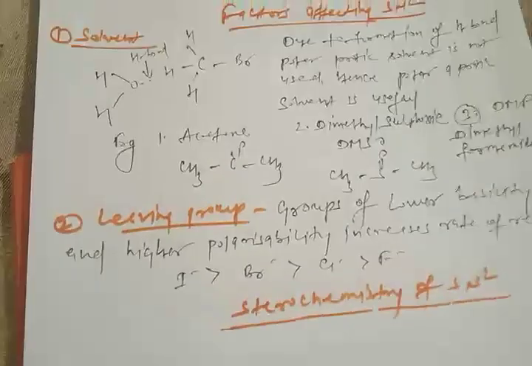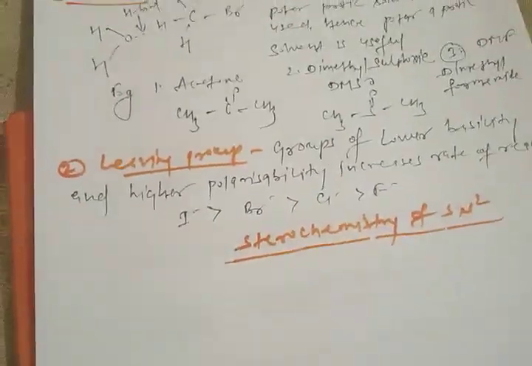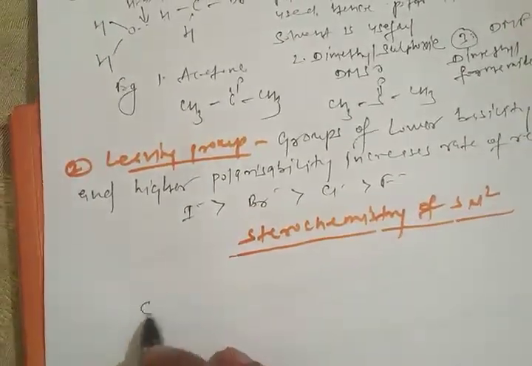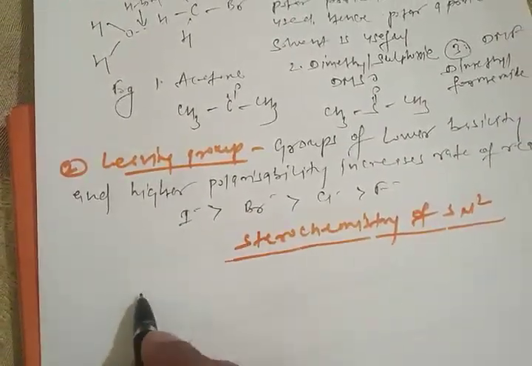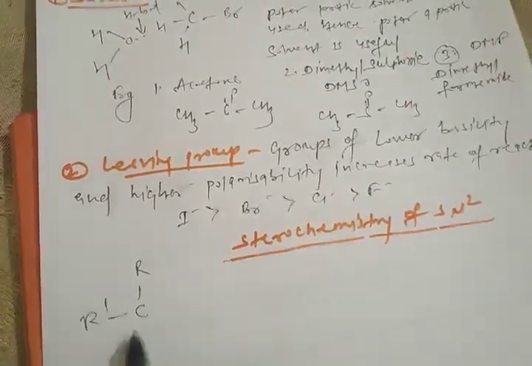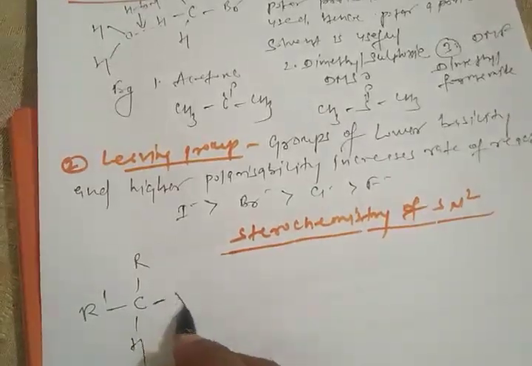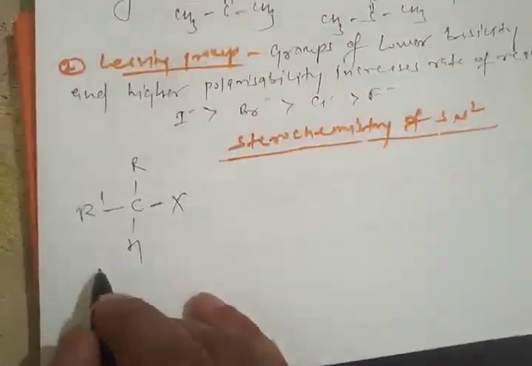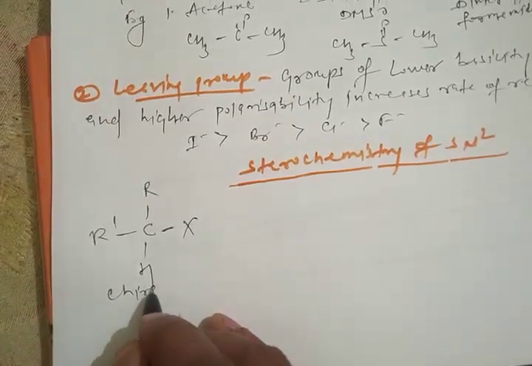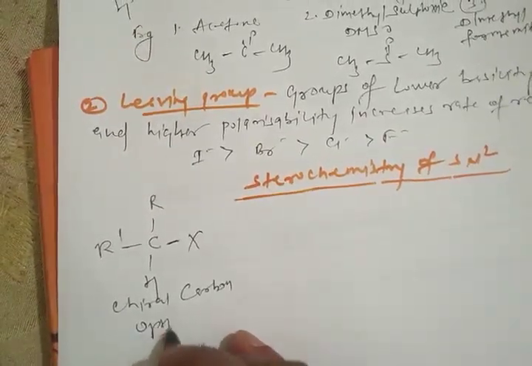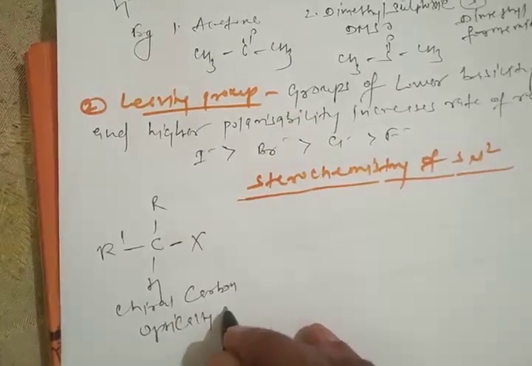If you take a chiral molecule, like we have carbon, and let's say we have R, then R dash, and then H and X. This is a chiral carbon, and optically active.